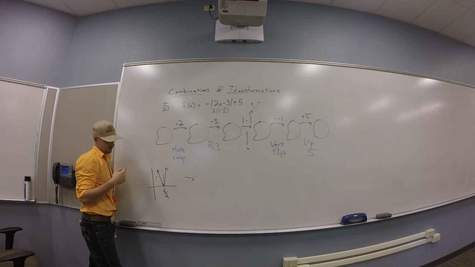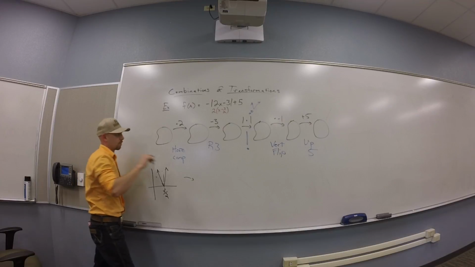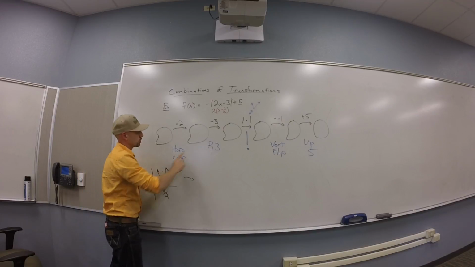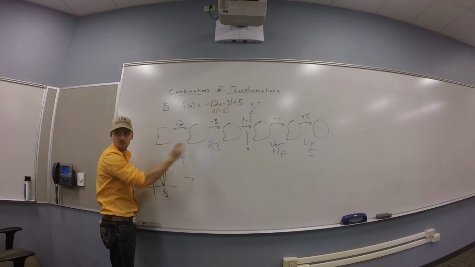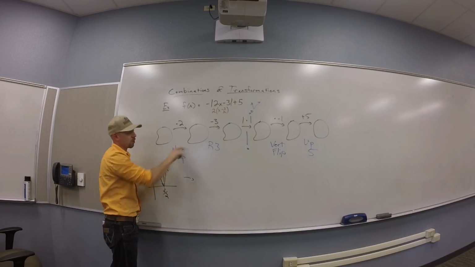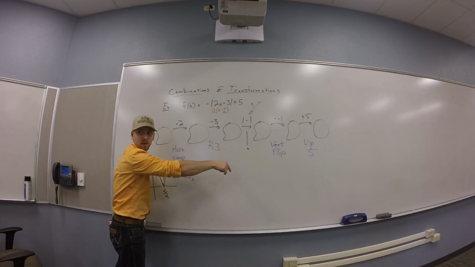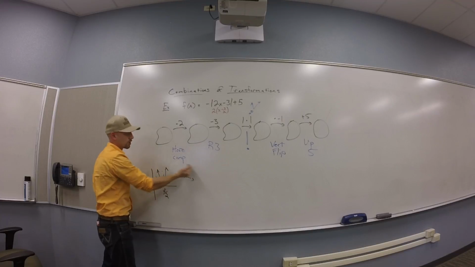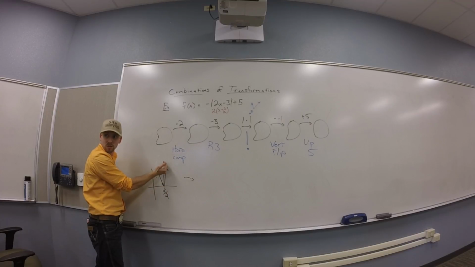You said it's backwards. You did the opposite there, but you went with the rule with going right. Wouldn't you go left 3 if you're doing it opposite? So what I mean is that these two things have to be applied out from the rule. Okay. So instead of doing horizontal compress and then right 3, I have to do right 3 first, then horizontal compress. Okay. Does that make sense?